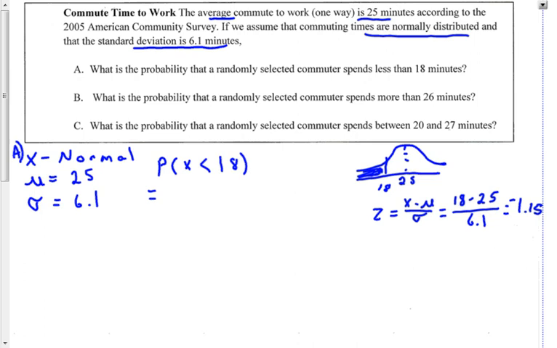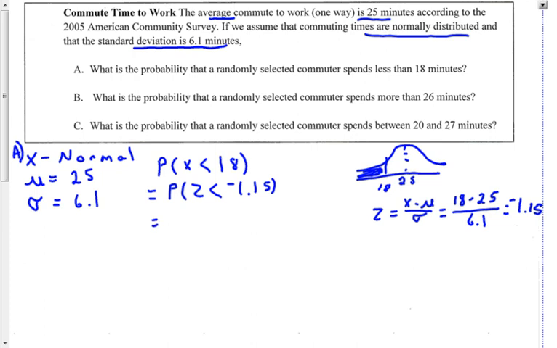So this equals the probability that in the standard normal, z-score being less than negative 1.15. And the z-scores are always to 2 place values because that's what the table goes to.